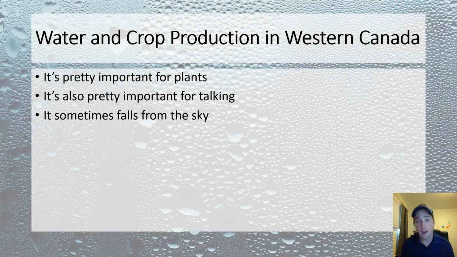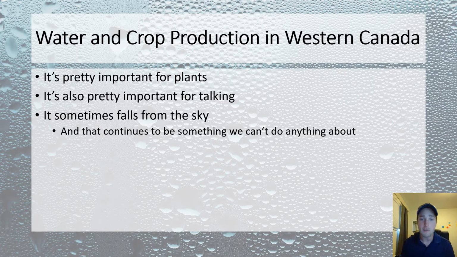Sometimes it falls from the sky, which unfortunately continues to be something we can't do anything about, and it looks like that'll be the case for many years. Timing, we know timing is super important in terms of crop production.